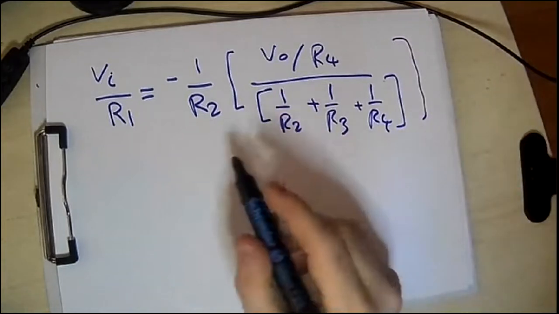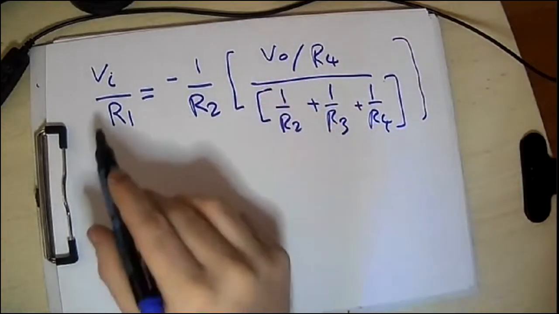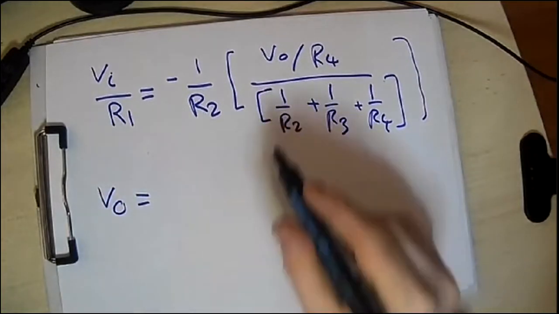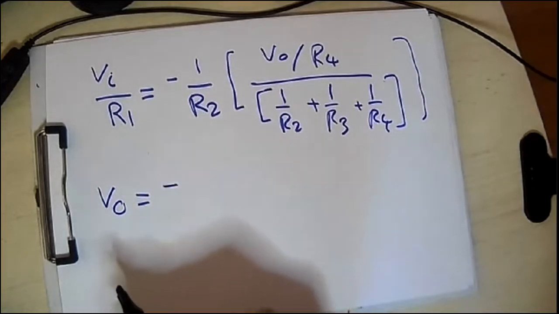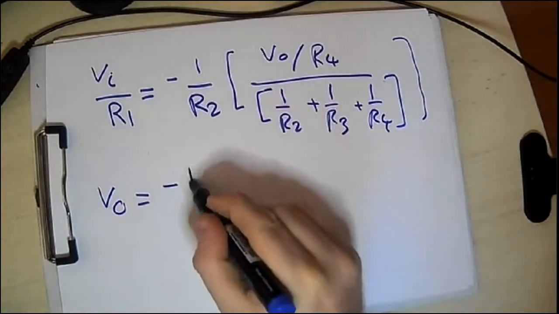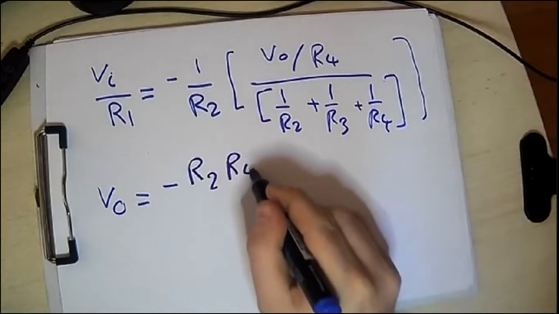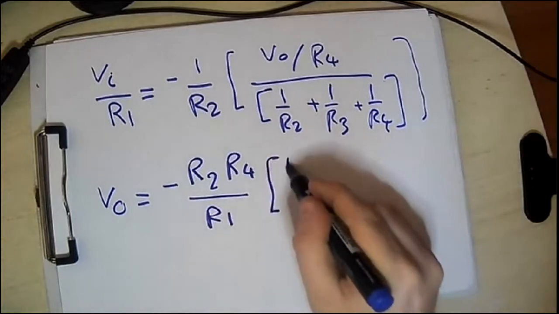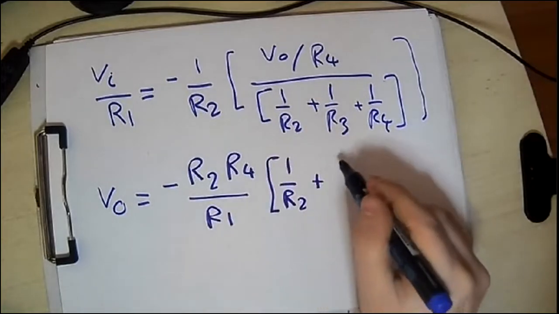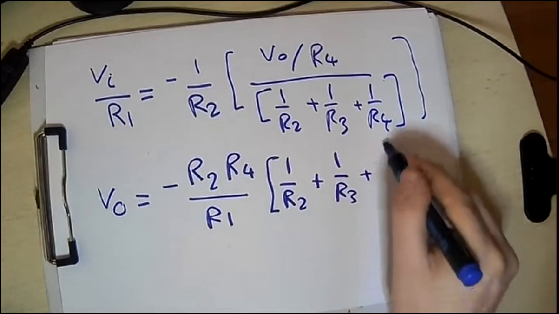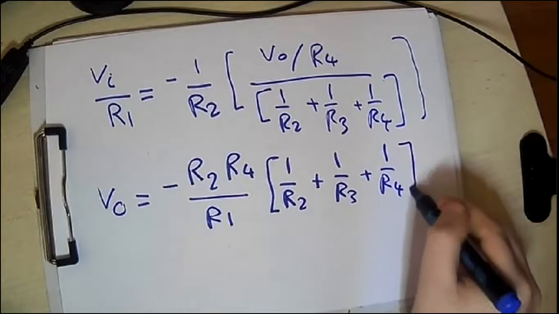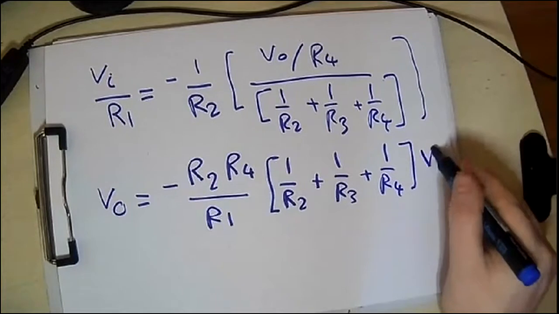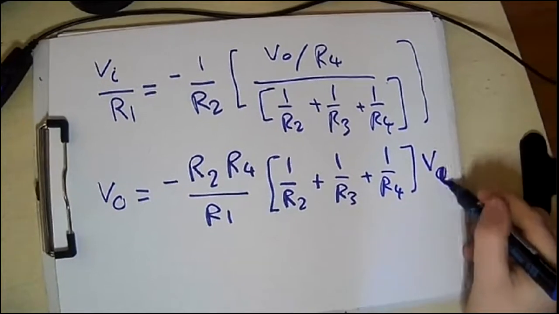So generally, we can now say that V output equals, with a negative sign, R2 and R4 over R1, and then this term 1 over R2 plus 1 over R3 plus 1 over R4, all times V input.